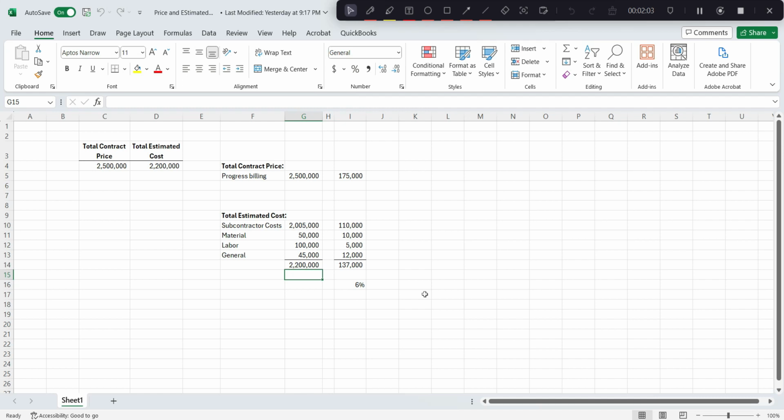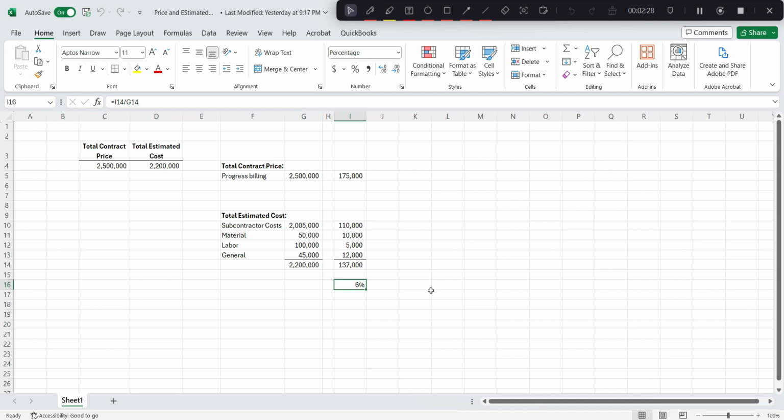That's the key here. So you see, I've listed the total estimated cost here, and over to the right, I've just made up some numbers as we're incurring those costs. This 6% is the total cost incurred divided by the total estimated cost. This is the idea of tracking progress using the cost to cost method.